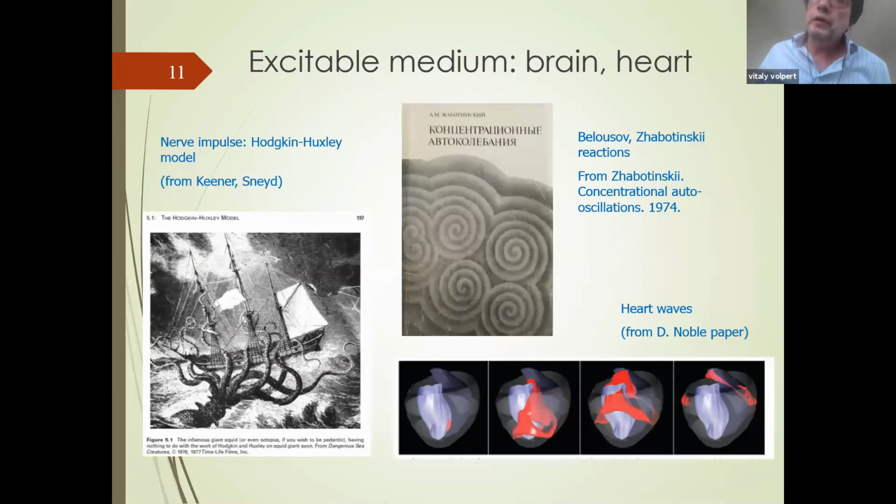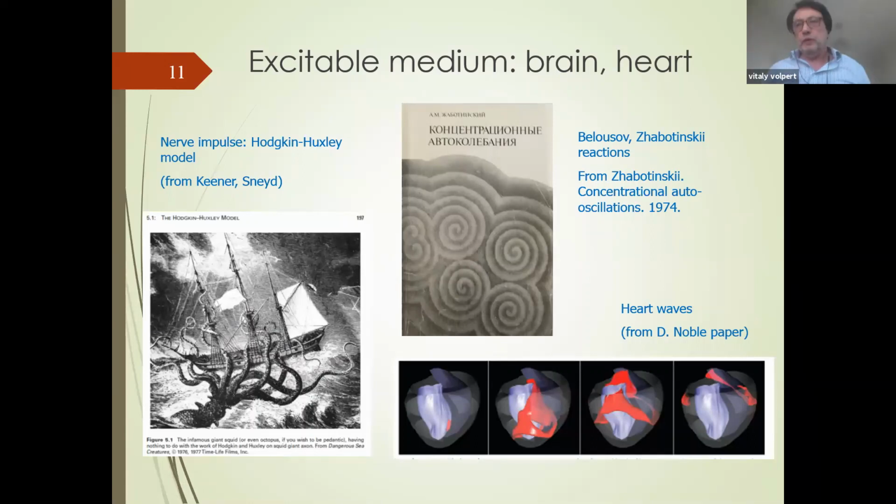Another very interesting example is related to excitable media. I will not talk about it today, but maybe a little bit in relation with neural field models.